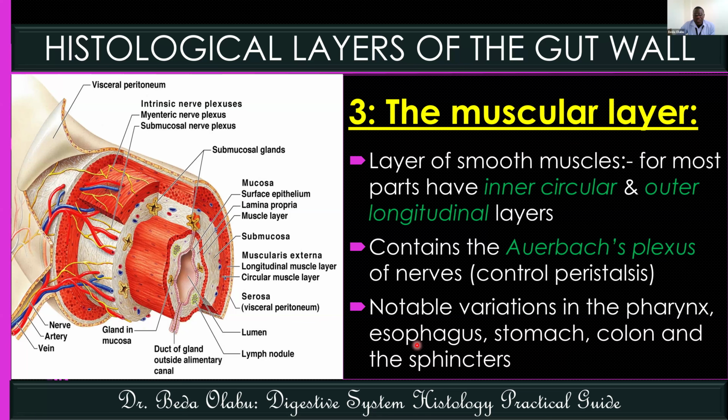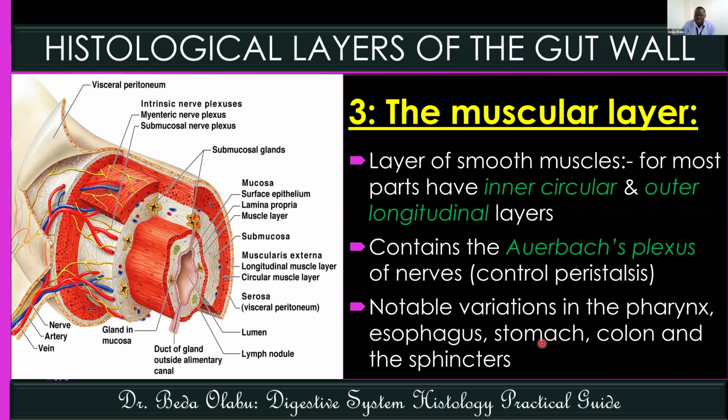For the esophagus, the variation is that the upper third of the esophagus is largely skeletal musculature. The lower third of the esophagus is largely smooth muscle, and the middle third is a mixture of skeletal and smooth muscles. Even though they're skeletal, they're striated muscles, they're involuntary.